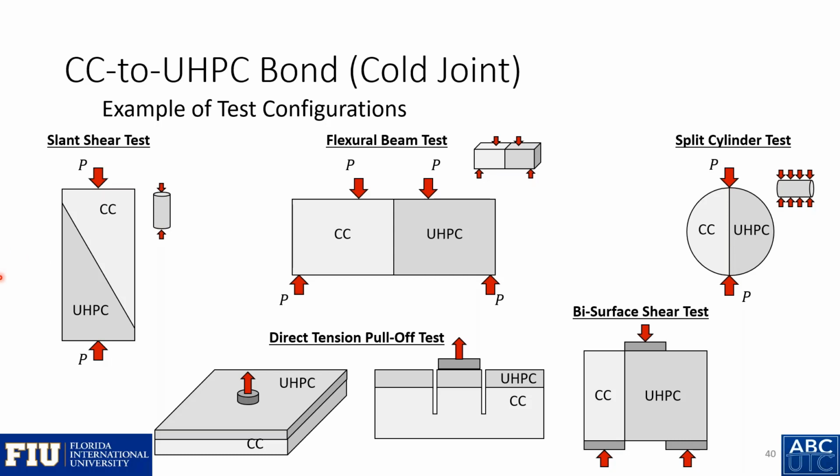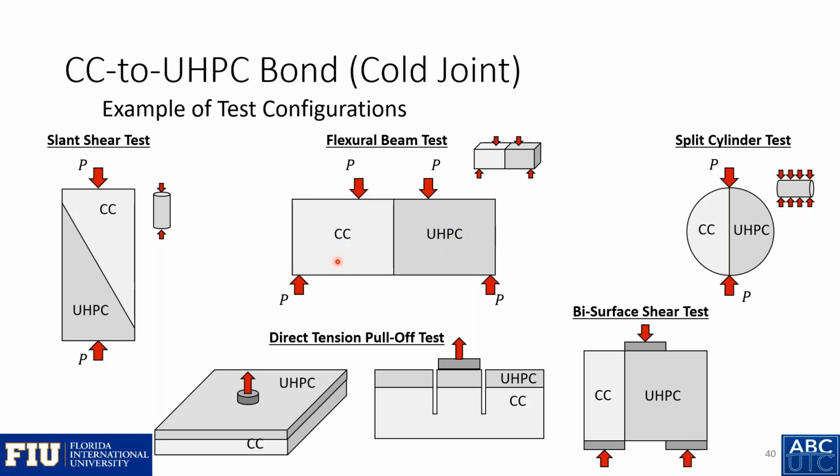Some of the different ways that bond strength is measured is through a slant shear test. This is a typical cylinder, half cast with conventional concrete, and then UHPC cast second. It's shear with a normal force across the shear plane. You can also test the flexural bond strength using a modulus of rupture type beam test, where again half is the conventional concrete and half UHPC.